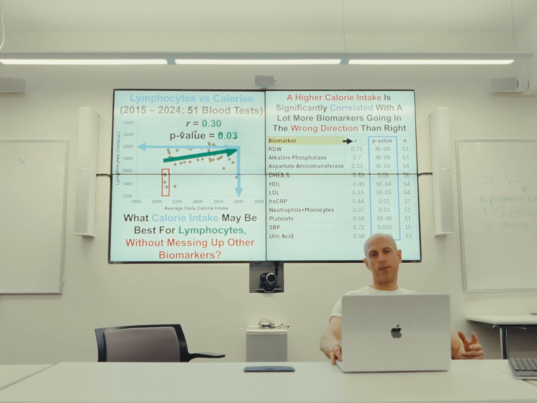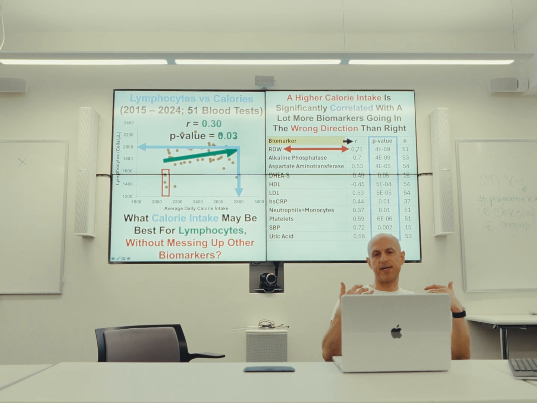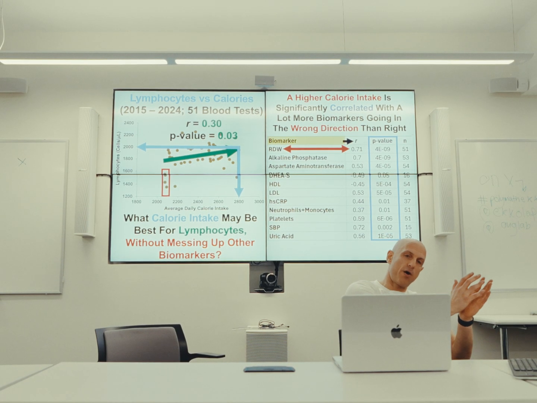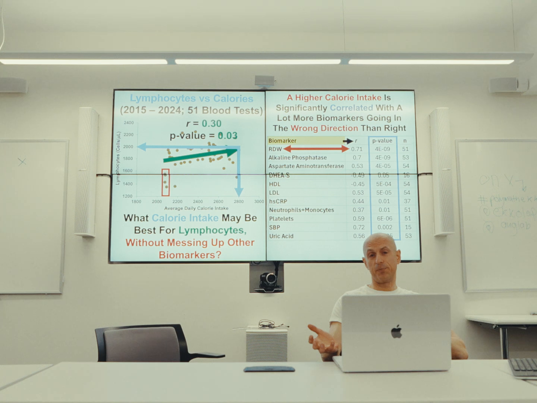Just to highlight a couple, RDW in this case, you can see the correlation is positive. In my case, a higher calorie intake is significantly correlated with a higher RDW, and that may be one factor in how I've been able to reduce that RDW to now youthful levels. So if I increase calories, I may improve my lymphocytes, but on the other hand, make my RDW worse. So it's about finding the bottom of that U-shaped curve so that I can minimize risk.